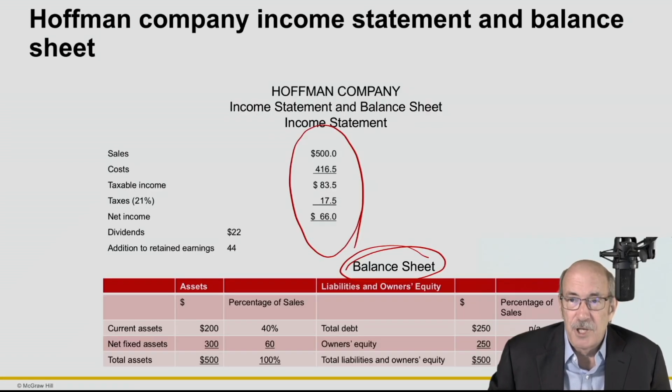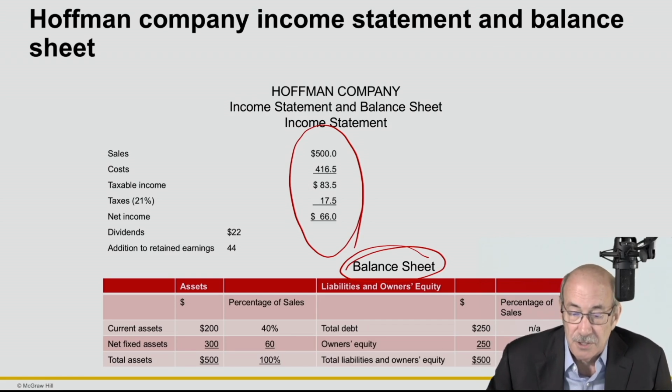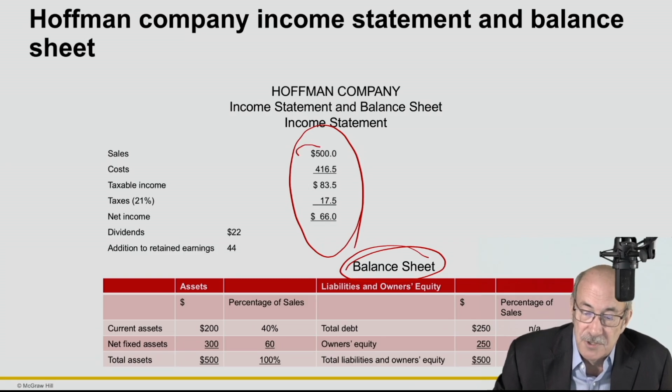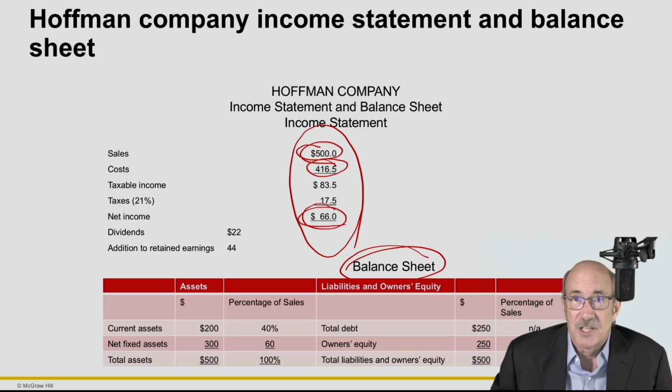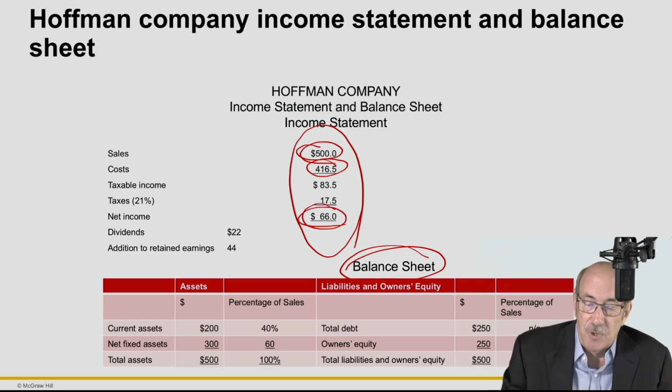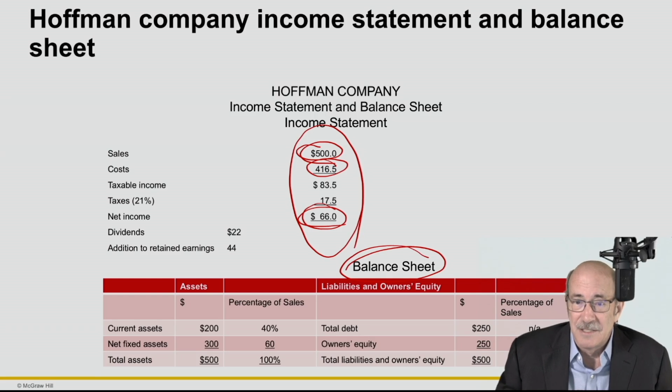Now, here we have an income statement and a balance sheet for the company prior to this new project. So the company was selling $500 worth of items with a cost of $416.50, and getting down here to the bottom line, after taxes, we had $66 in income. We're actually told here that we pay out a third of that in dividends.